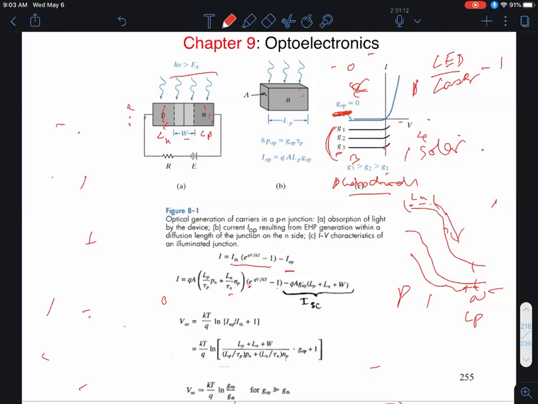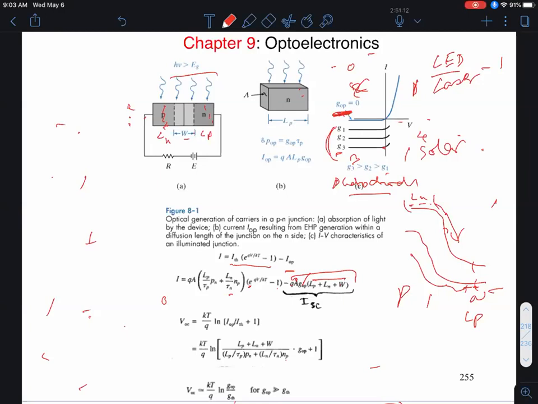as shown over here. You can come up with an expression for the optically generated current as the generation rate per unit volume G optical. So that's number of electron hole pairs per centimeter cubed per second, times the volume. The volume is the collection length, the depletion width plus diffusion lengths on both sides, times the cross-sectional area A. So that then gives you the number of electrons and holes that are collected per second.